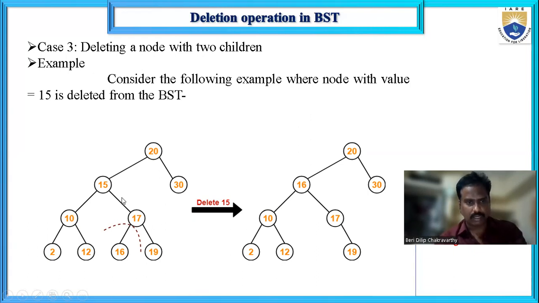Otherwise, if you are considering the right subtree, you have to take the least element in the right subtree. Here in this procedure, I have taken the least element from the right subtree. 16 will come here, so it will be done like this. Okay, in this way the deletion operation occurs. I hope it is clear. Thank you.